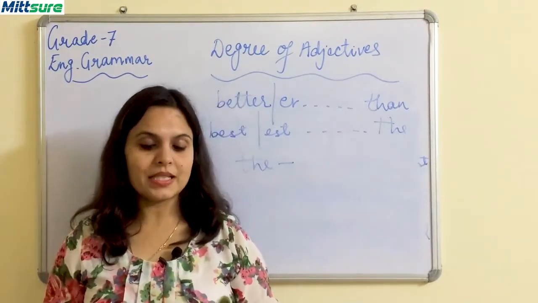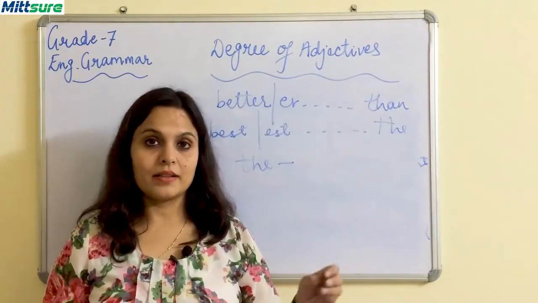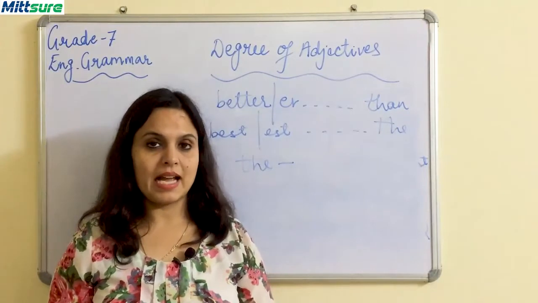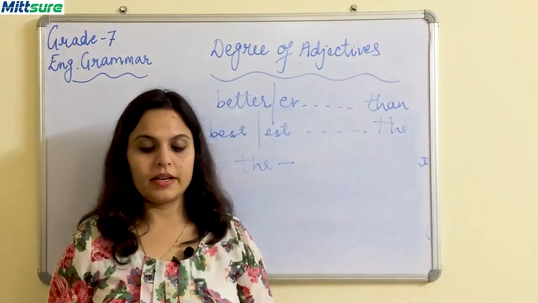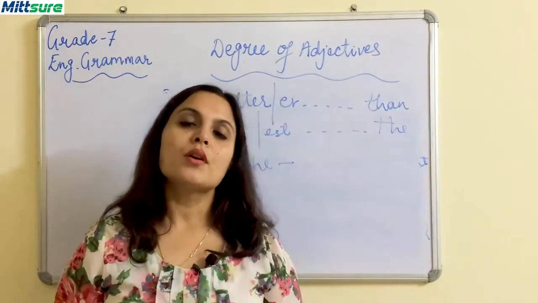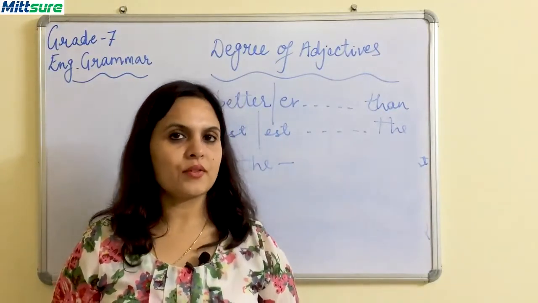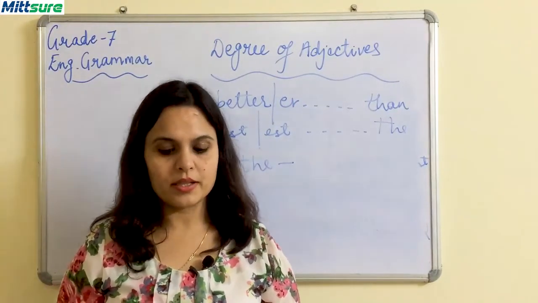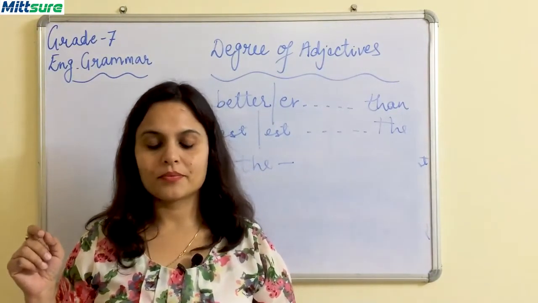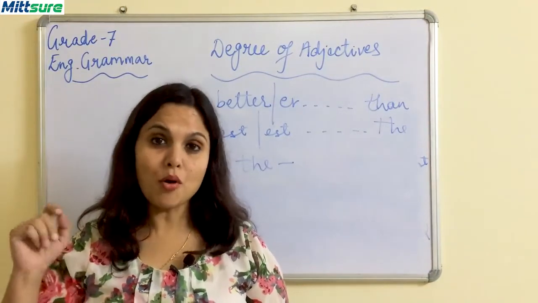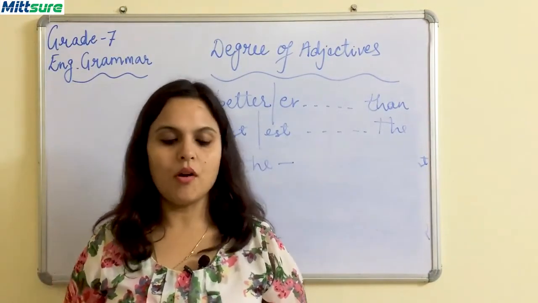Then the third one says: she is an intelligent girl, but her sister is dash intelligent of all. When "of all" is coming, you know you have to use the superlative degree and add "the," even if it is not given in the sentence. So how will you say this? She is an intelligent girl, but her sister is the most intelligent of all, right?